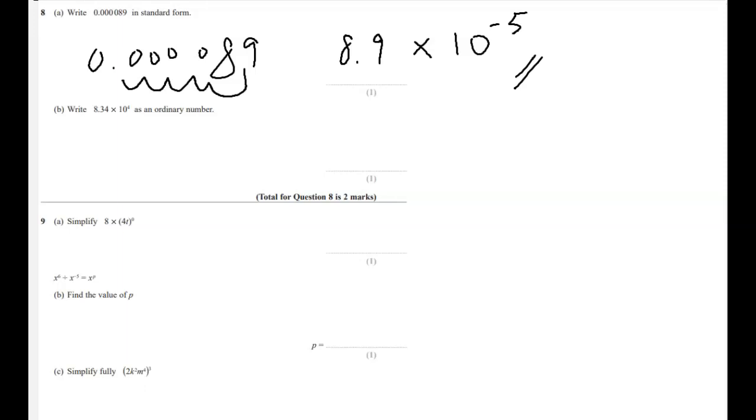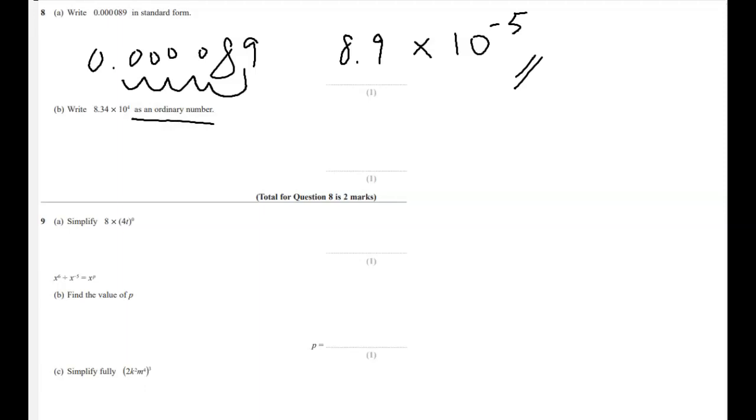Alright, so here in part B, it is really a standard form because you see that there is an 8 point something. Now they are asking us to convert it to the original number, with 10 to the power 4.